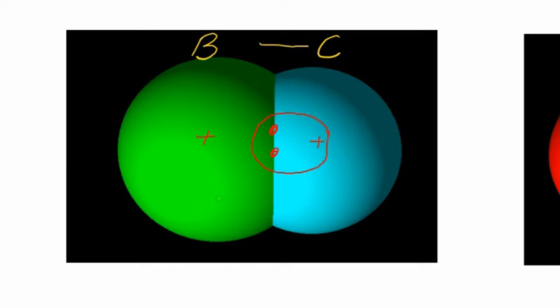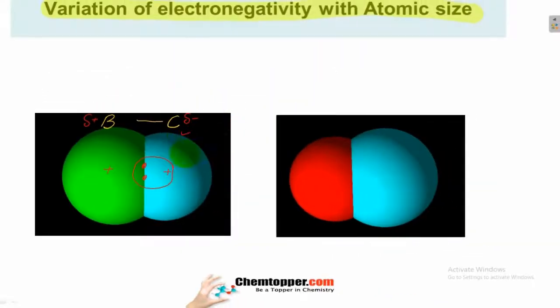This results in a partial negative charge on the carbon because electrons are closer to the carbon nucleus, and a partial positive charge on the boron as electrons are slightly away from the nucleus of boron. So now we can say carbon is more electronegative than boron because of its smaller size.